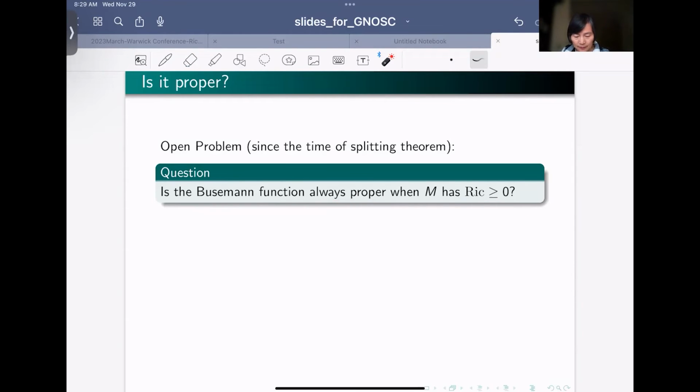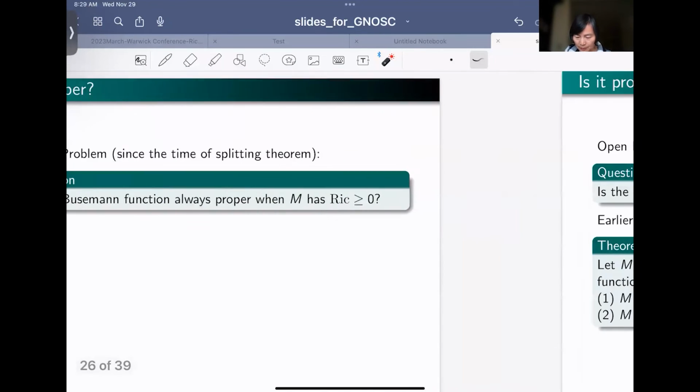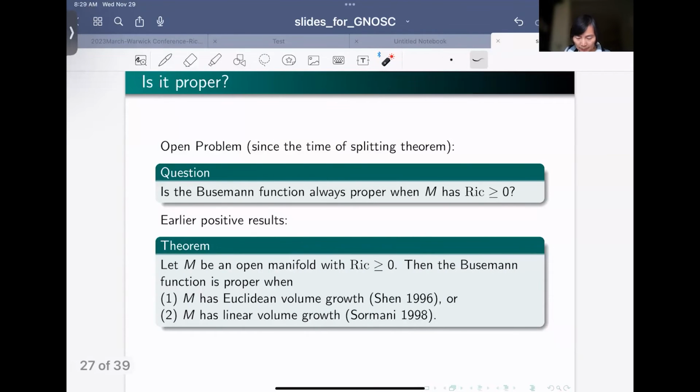So there are several positive results already. It has been open since the 70s. One of them is by Zhongmin Shen, under the assumption that the volume growth is Euclidean. So in some sense, it's the maximal volume growth case.